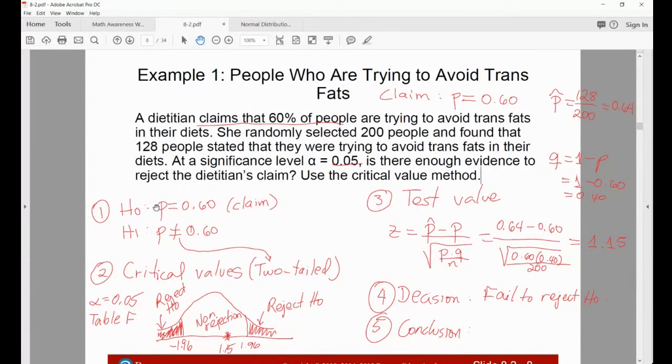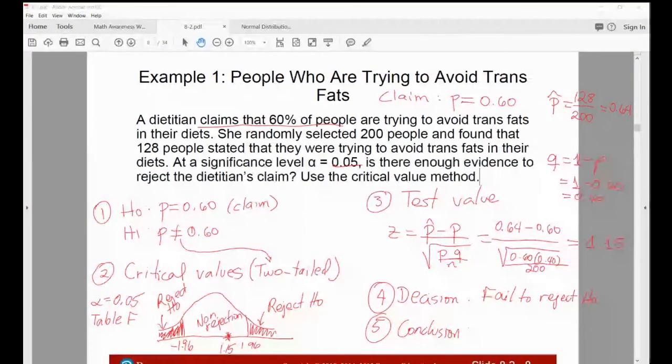We cannot reject the claim. So what will be the conclusion? Do we have evidence to reject the claim? No. There is not enough evidence to reject the claim. So that will be the conclusion.